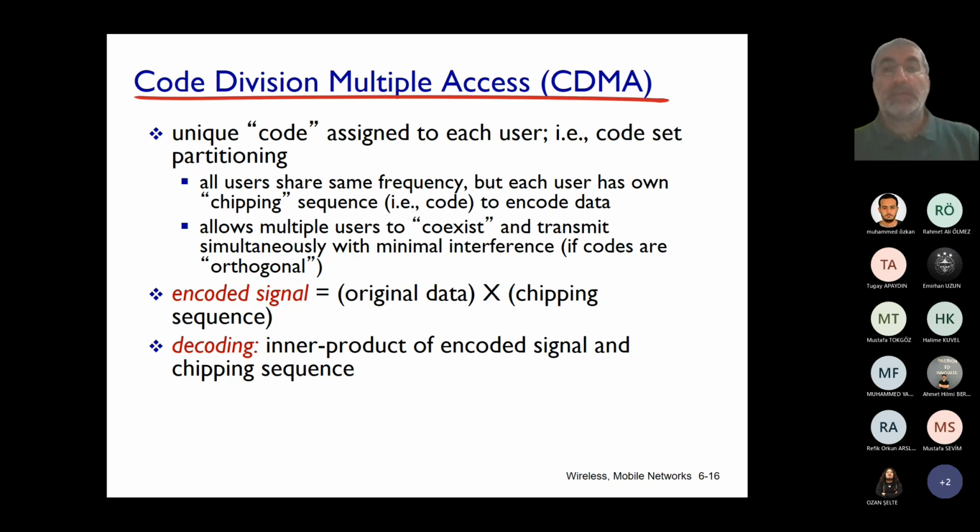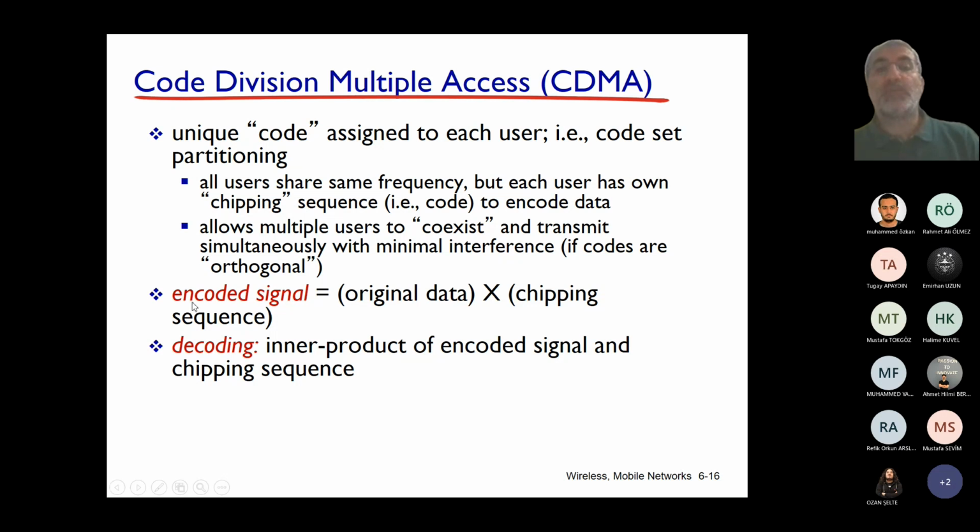Each user encodes its information using this chipping sequence, which is unique to that user. So CDMA allows multiple users to coexist and transmit simultaneously with minimal interference. Of course, under which condition? If these codes are orthogonal.